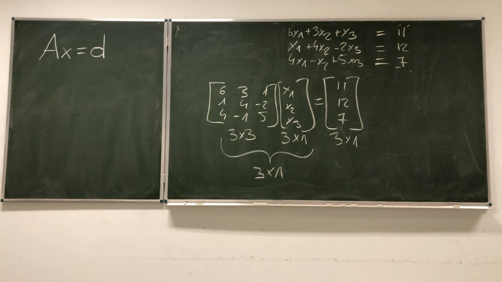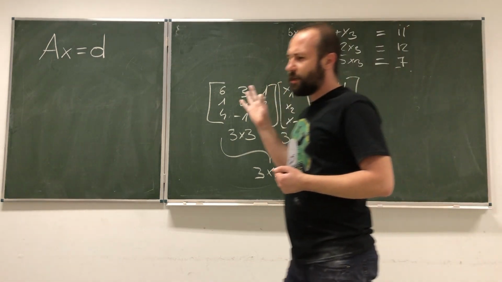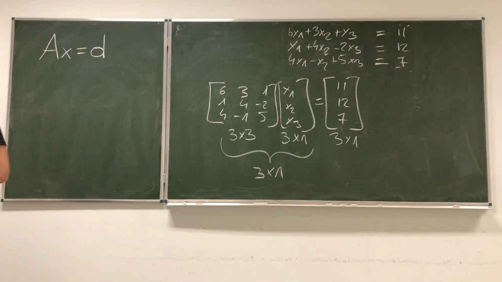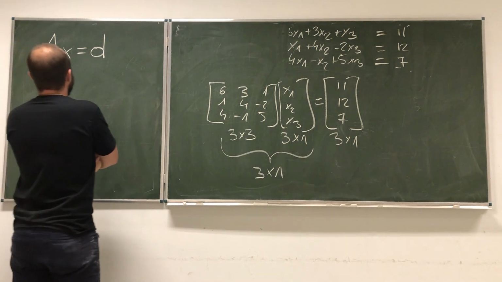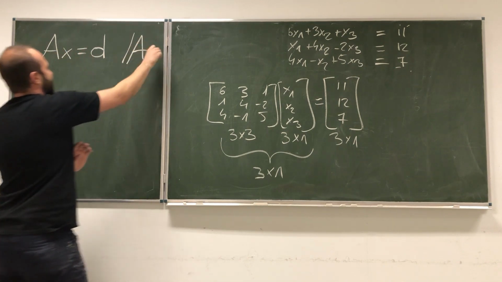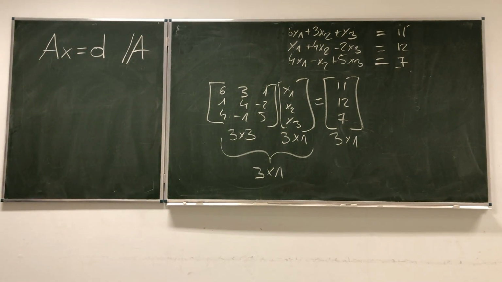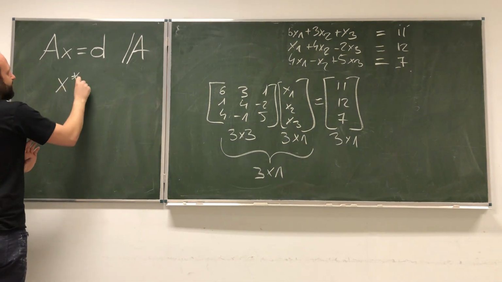Now, so look, we can clearly see from that if we would be able to divide both sides of this equation by A, somehow, we would get x, right?